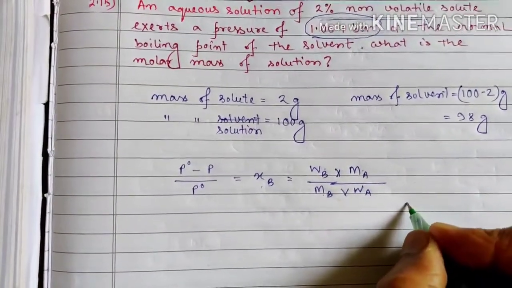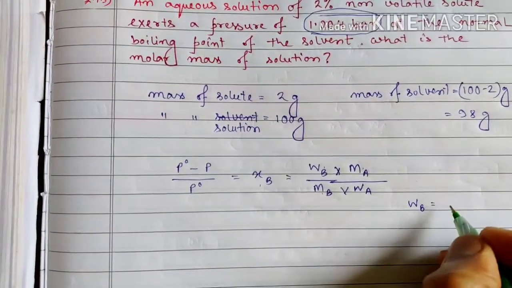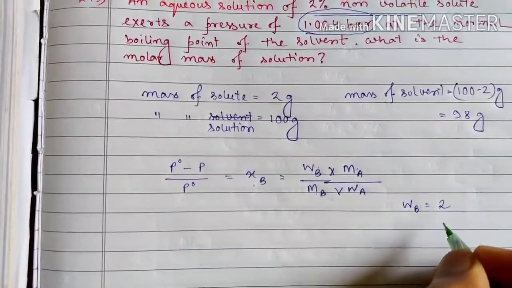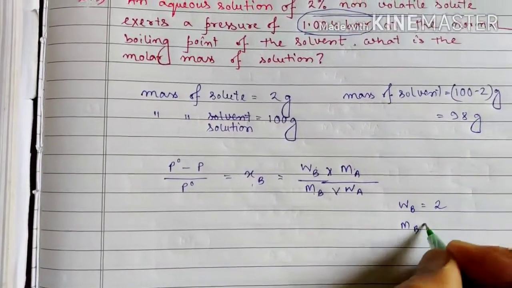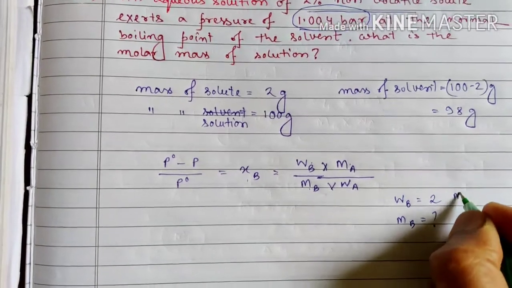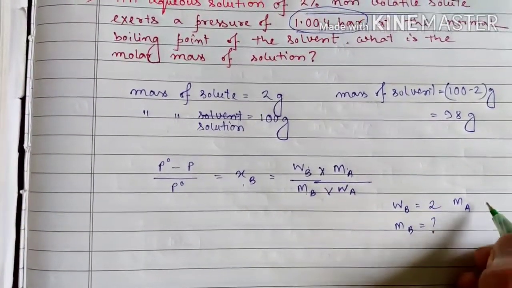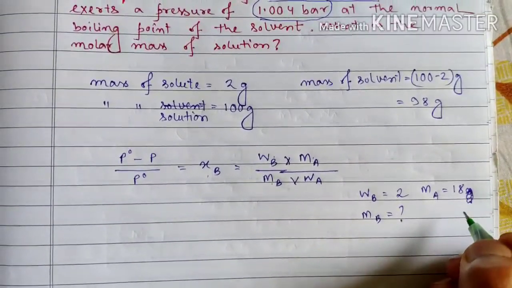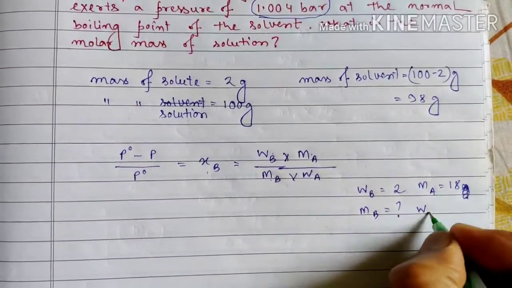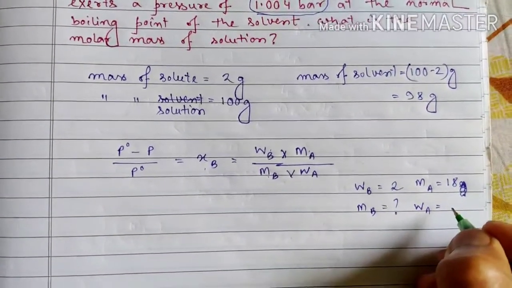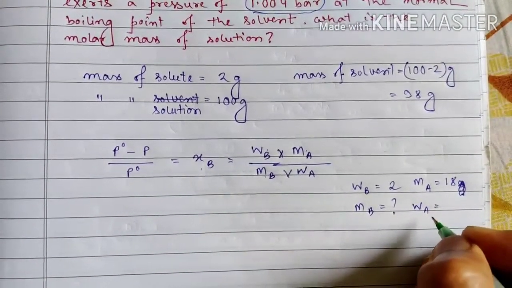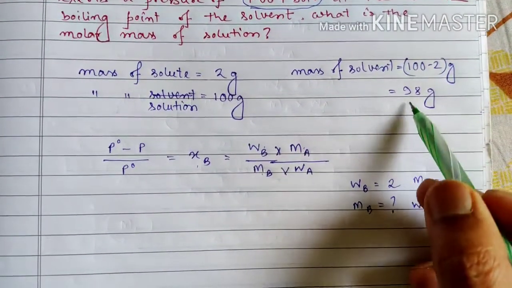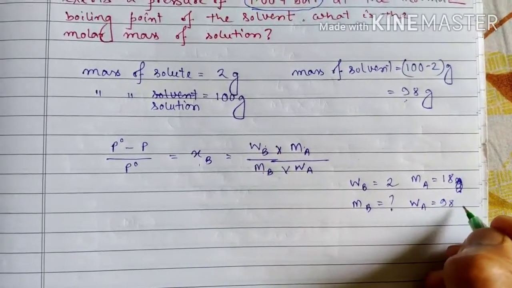WB, the given mass of the solute, is 2. MB, that we have to calculate. MA, the molar mass of the solvent, is equal to 18 gram because it is water that we are talking about. And WA, the mass of the solvent, which we have already calculated, is 98 gram.